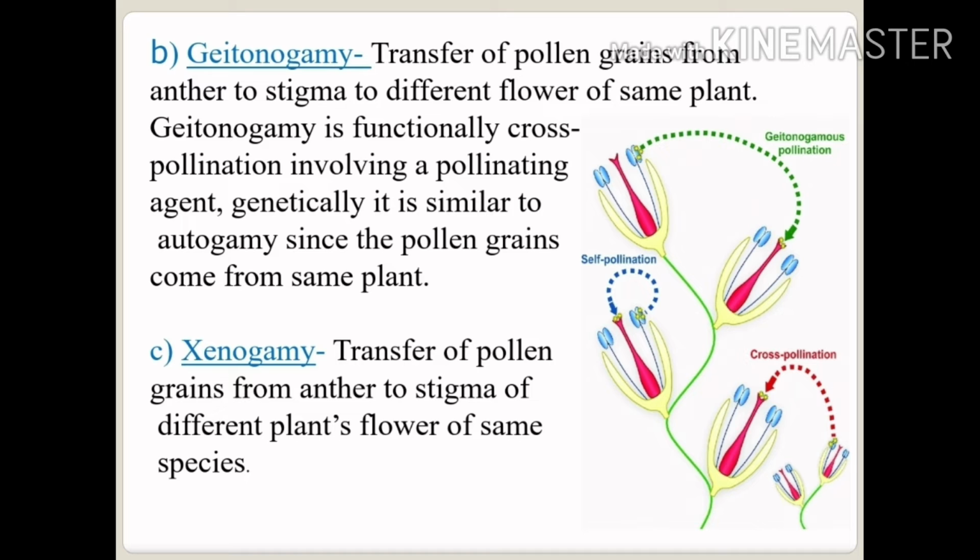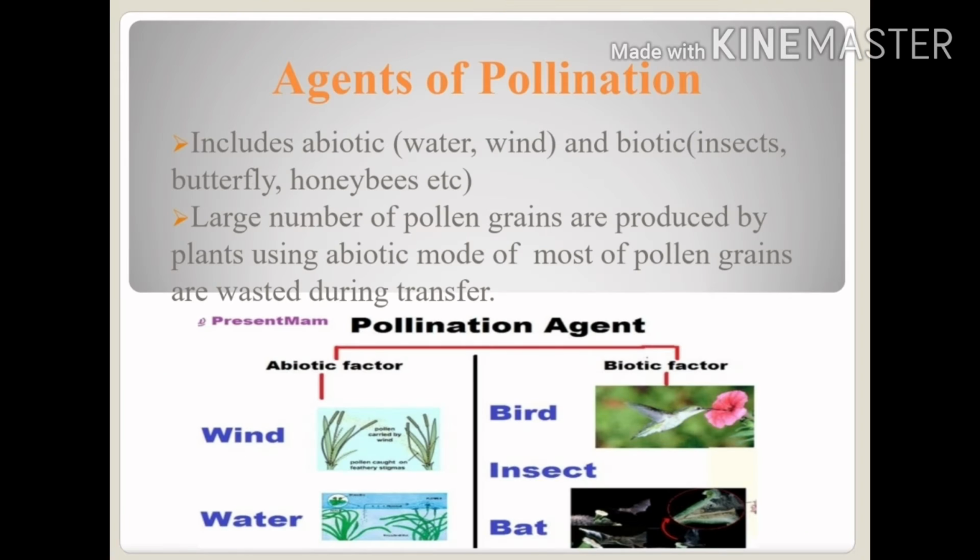So moving to the next one. Our next topic is agents of pollination. The agents of pollination may include the abiotic factor and the biotic factor. Abiotic factors can be water or wind, and biotic factors can be insects, butterflies, honeybees, etc. Large numbers of pollen grains are produced by plants using the abiotic mode because there is a chance of destroying a large number of pollen grains, so it is a natural process.